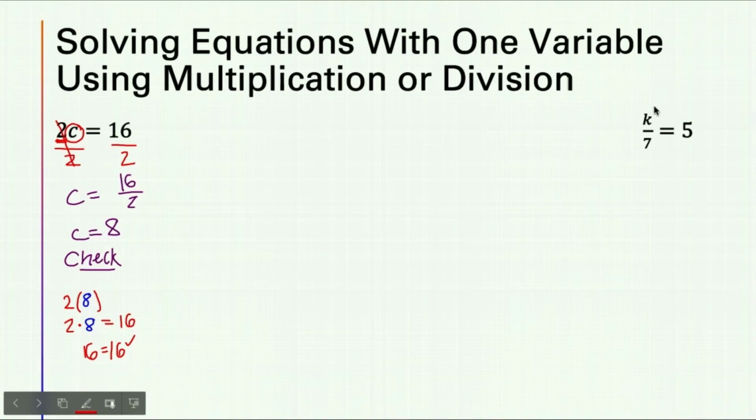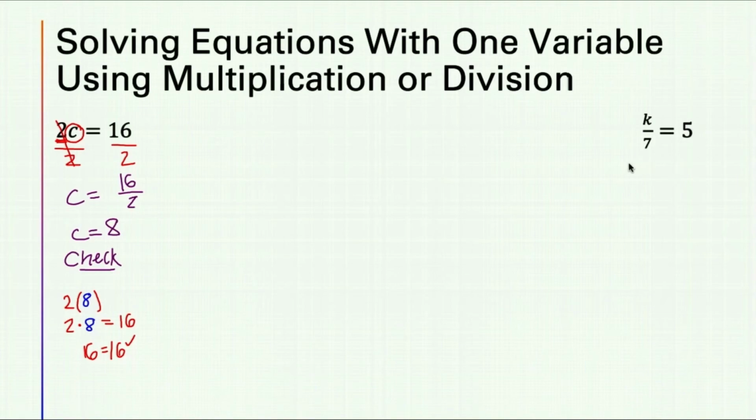Now, if you're not familiar with this format here, you may find this much harder than this or other ones. But in fact, if you are familiar with the fraction symbol signifying division, then this should be a piece of cake. So we see that k divided by 7 is equal to 5.